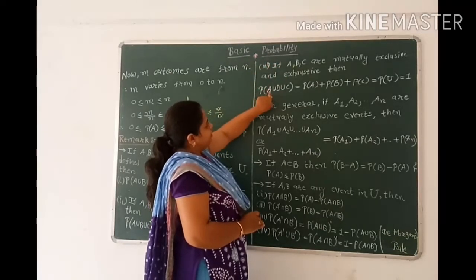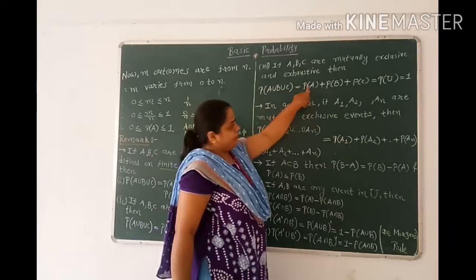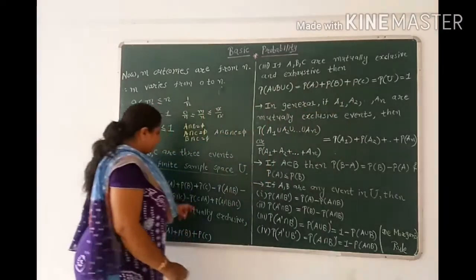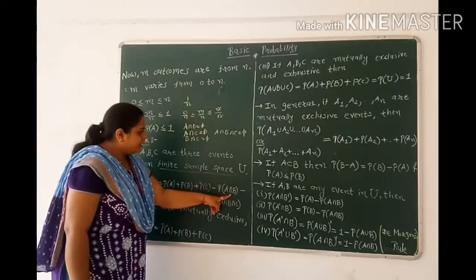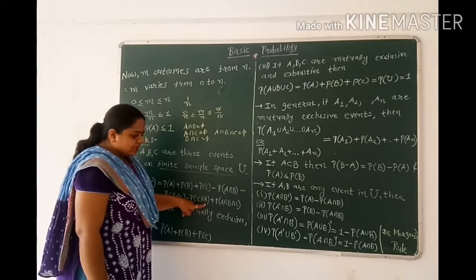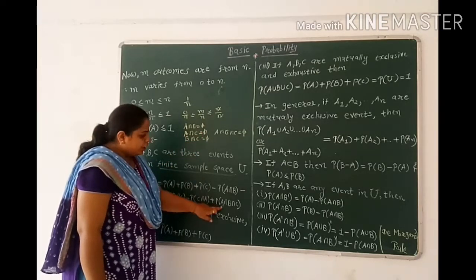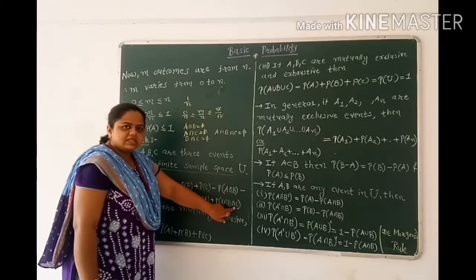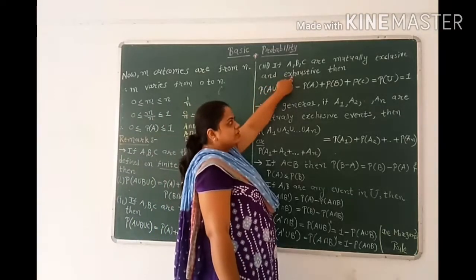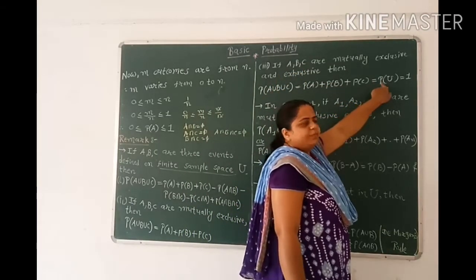So here we get probability of A union B union C equal to probability of A plus probability of B plus probability of C, because probability of A intersection B, probability of B intersection C, probability of C intersection A is 0, and probability of A intersection B intersection C is also 0. And as we know, if we have exhaustive events, then that equals probability of U, and probability of U equals 1.